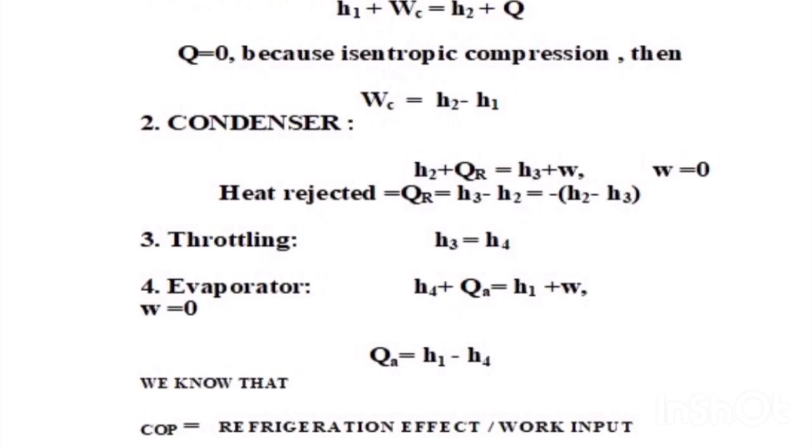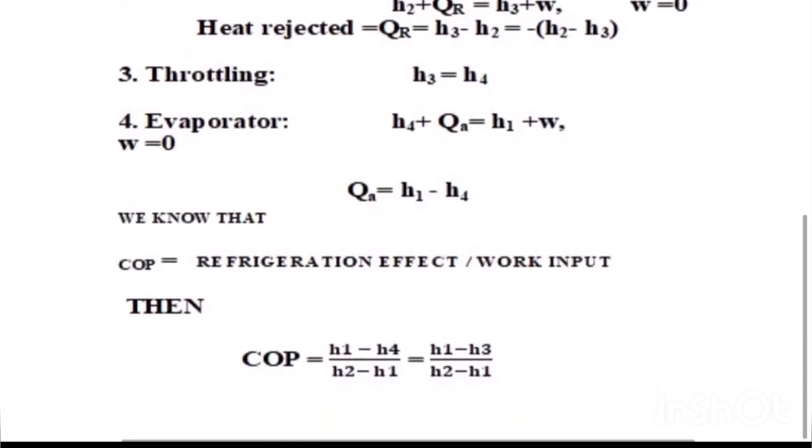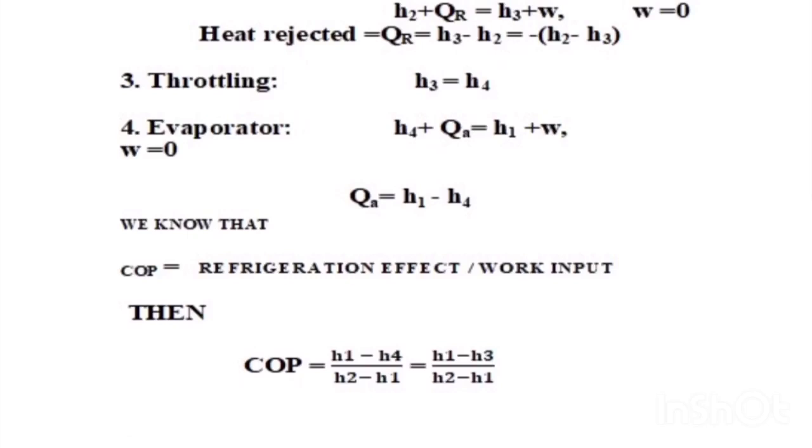So, our interest was to find out the COP actually. We know the COP equals refrigeration effect divided by work input. What is the refrigeration effect? Refrigeration effect always happens in the evaporator, so you have H 1 minus H 4. And where are we giving the work input?